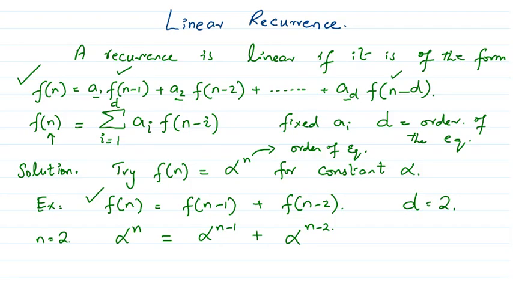So this is going to be alpha square, that is, alpha power n की जगह 2 minus 1 है तो 1, plus alpha power n minus 2, that is 2 minus 2, that is going to be 0. So the equation is going to be alpha square equals alpha plus 1, right?